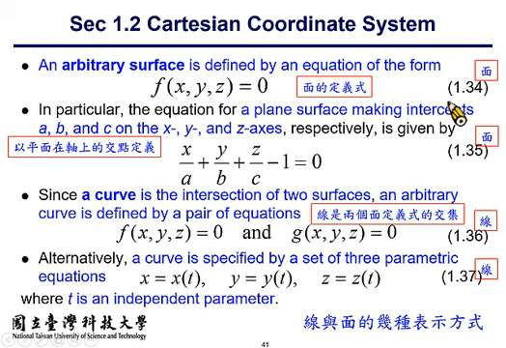OK. And before we leave this section, here are some supplement descriptions about the Cartesian coordinate systems. So equation 1.34 is a general equation for the definition of an arbitrary surface.